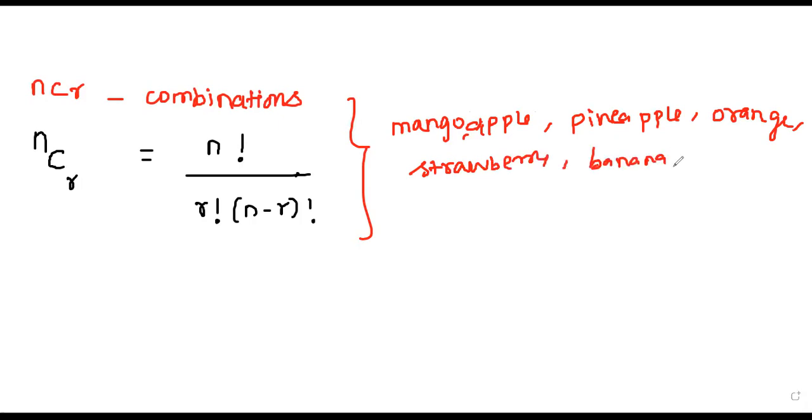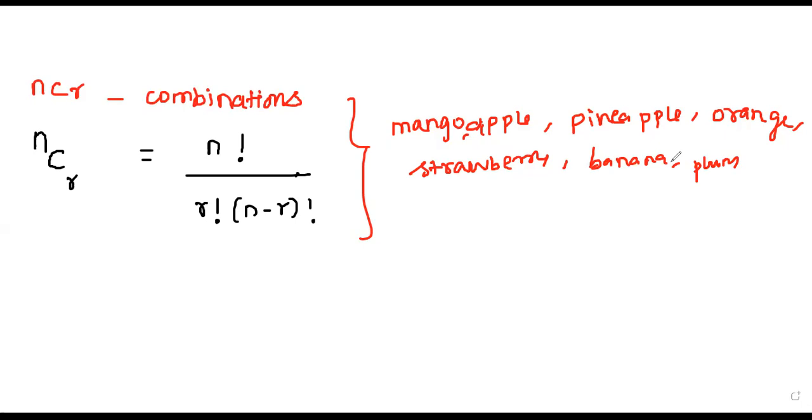What is your favorite fruit? Mango. That's nice. Mine is orange. We'll also include plum. So how many? 1, 2, 3, 4, 5, 6, 7. So there are 7 fruits in total.